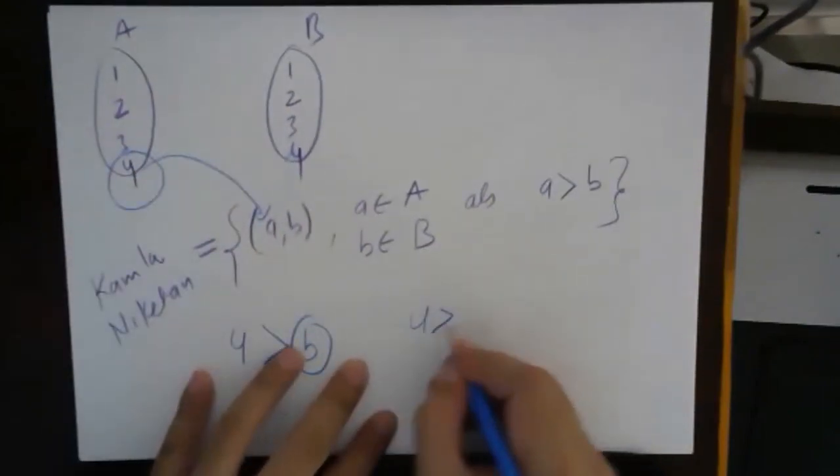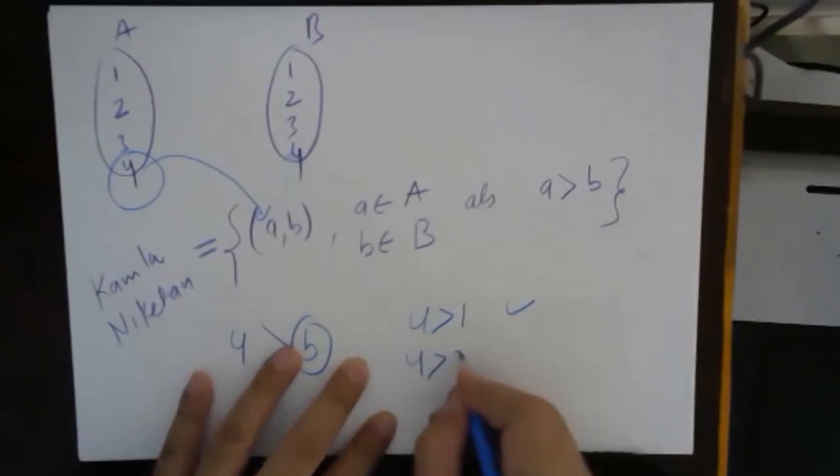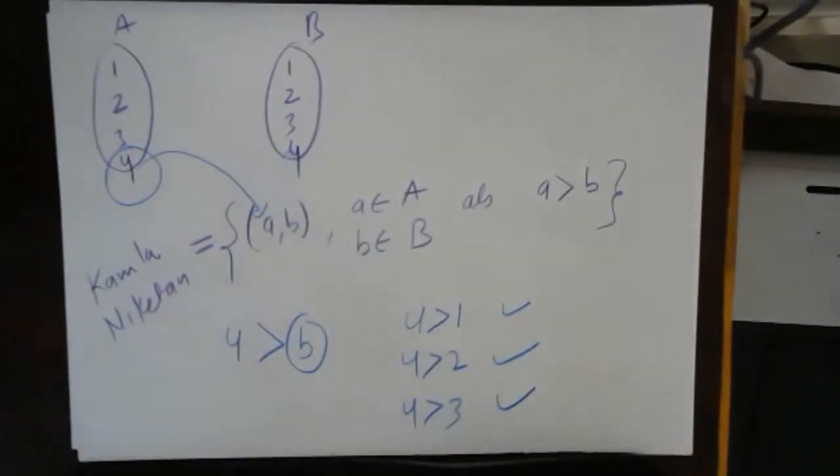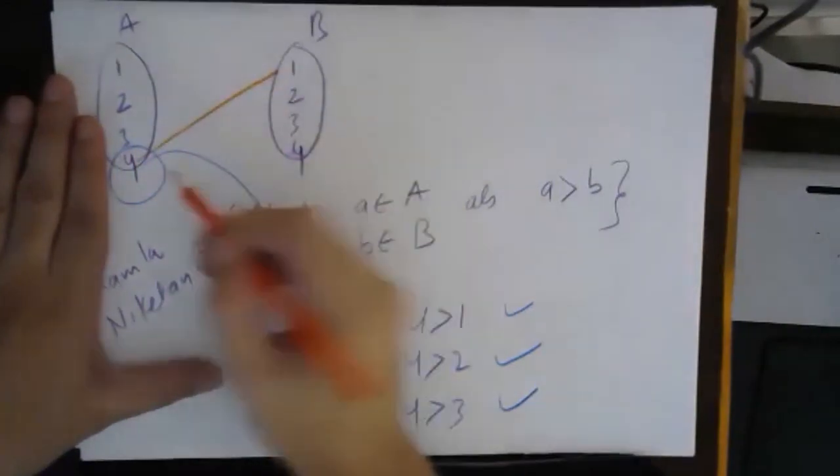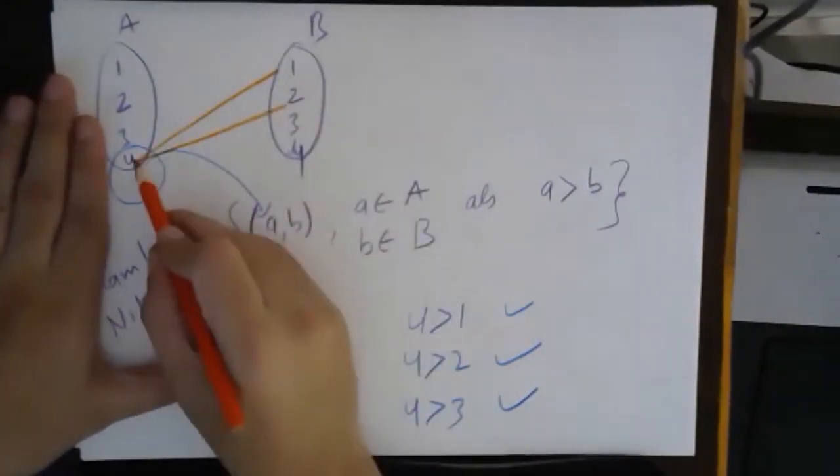Is 4 greater than 1? Yes. Is 4 greater than 2? Yes. Is 4 greater than 3? Yes. Very good. So 4 is linked with 1, 2, and 3.